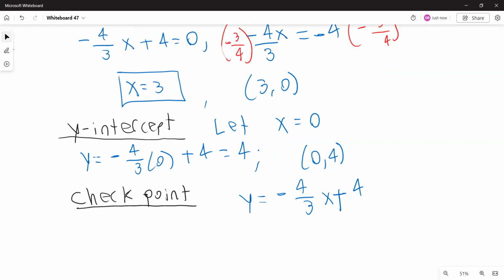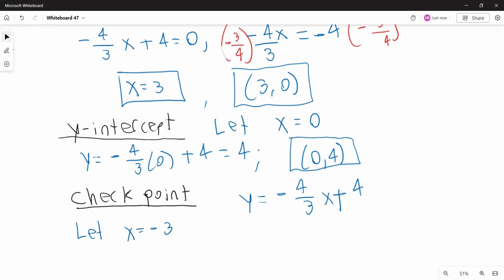So 3 is divisible by 3, but we already found that point. So if I choose something like x equals 1, I don't want to plot a point with fractions. Or x equals 2, that also involves fractions. So I have a couple of choices. One could be x equals 6, or another one could be x equals -3. So let's do that.